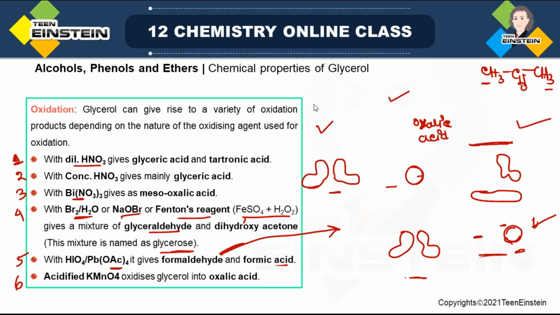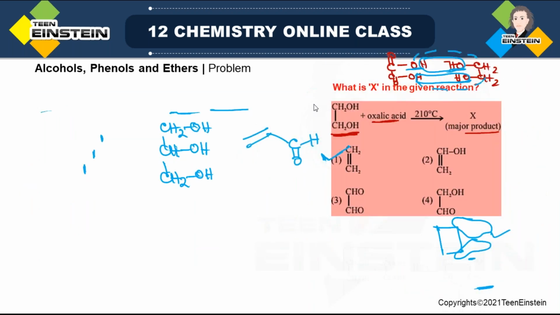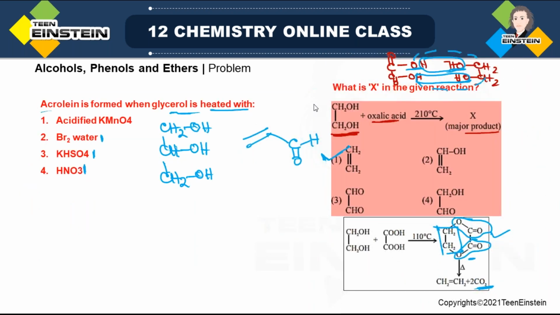Okay. So in this question, the correct option will be KHSO4, because when you use any of these 3 oxidizing agents, you get an oxidized product. But when it is KHSO4, first what will happen? One OH and H will be removed, and there will be a C=C double bond, and the CH2OH will also be removed. Fine.